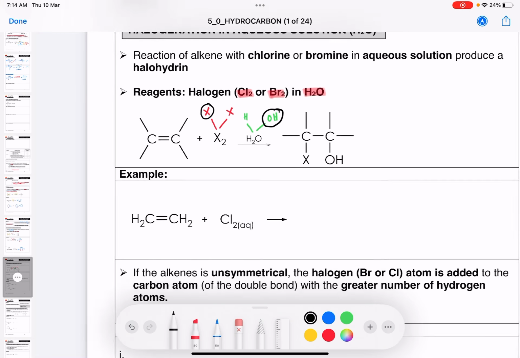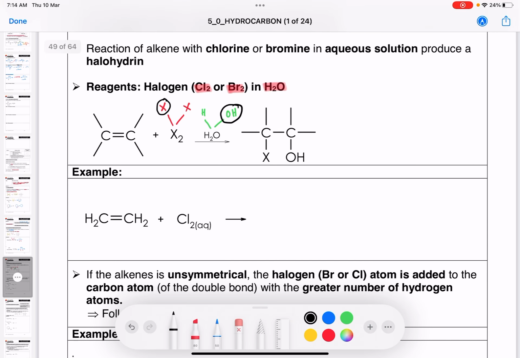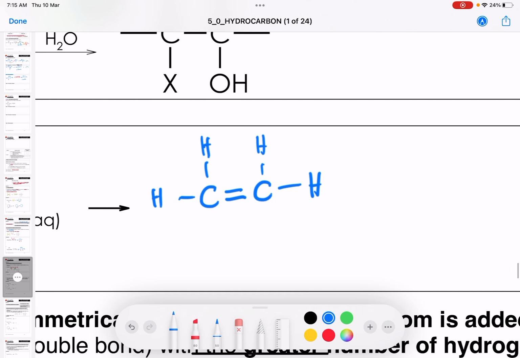So how can we determine which one goes to which one? Okay, for example, like in this example, we have C, H, H. So we have carbon number 1 and this carbon number 2. We have X and we also have OH.